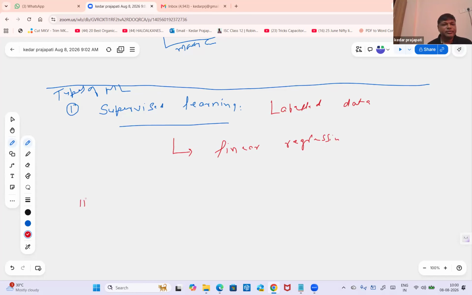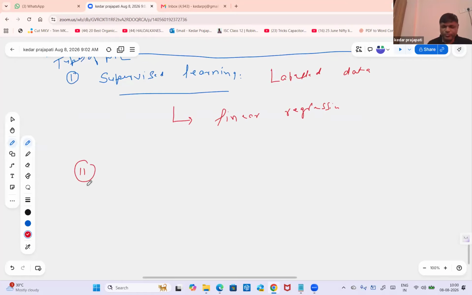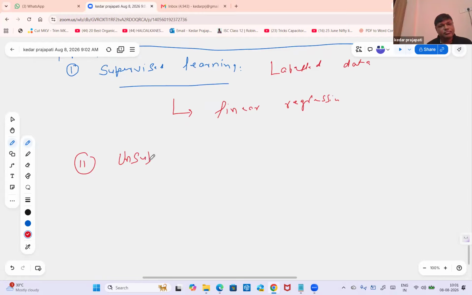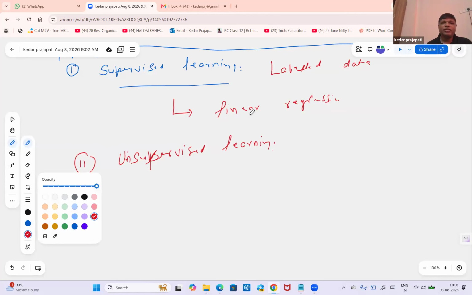The second one is unsupervised learning. In supervised learning, the data was labeled, and the data had a name.